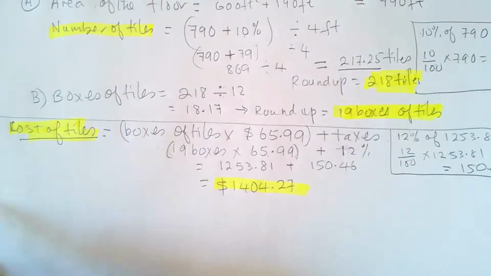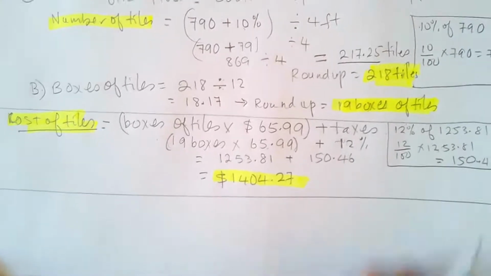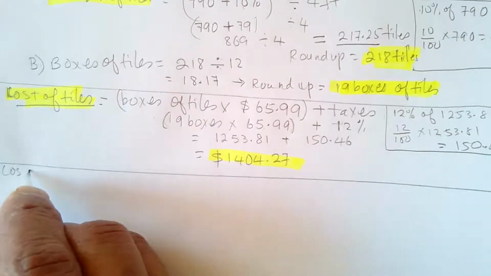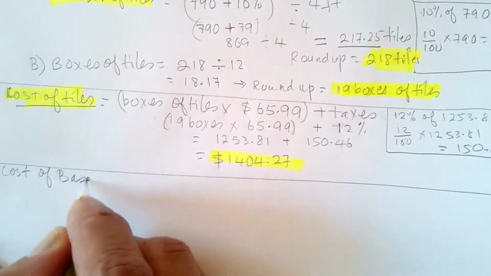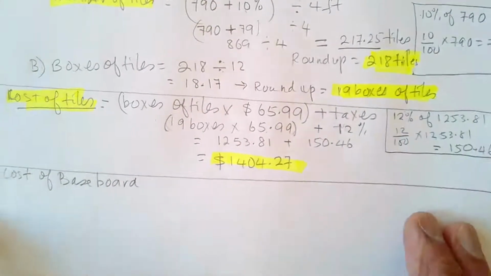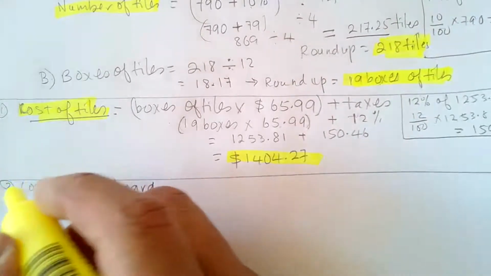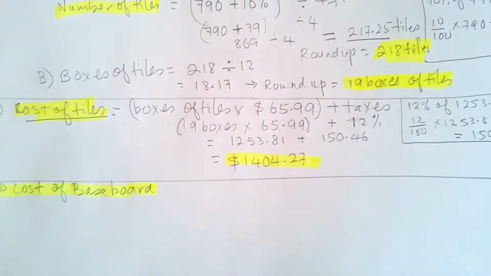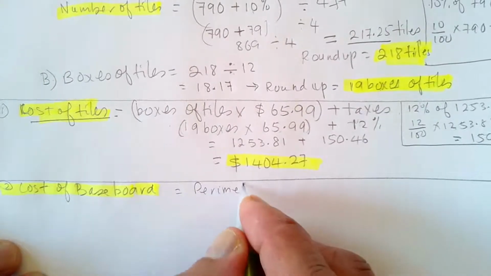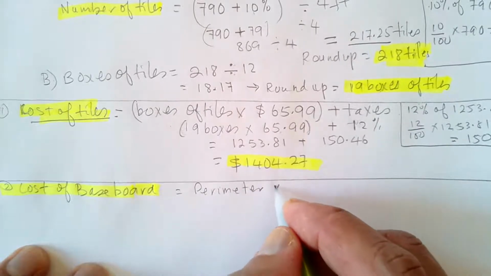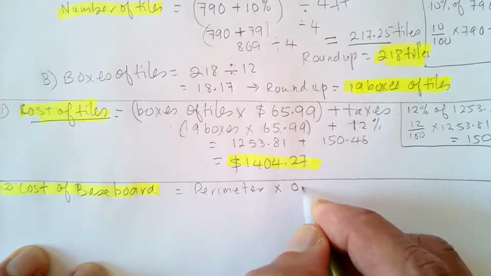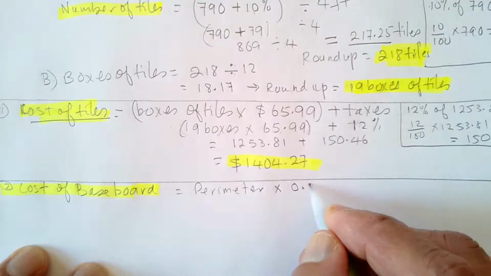Now we need to find the cost of baseboard. Now the cost of baseboard would be the perimeter multiplied by the cost for each foot, which is 0.73.